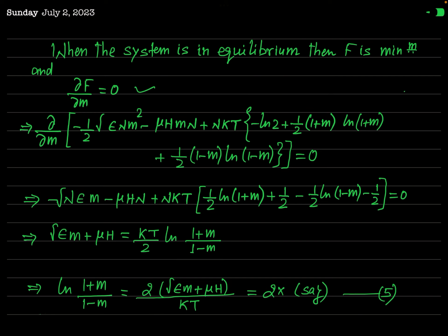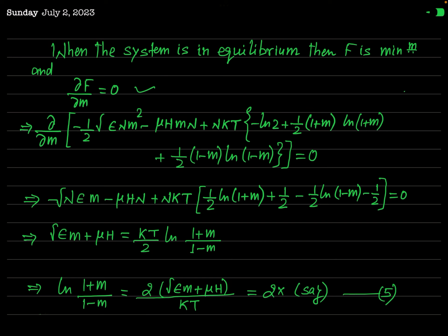I have not written dF by dm because we have not taken an ordinary derivative, since F is not only a function of m, but also a function of temperature, gamma and epsilon. But our aim is to minimize this Helmholtz free energy with respect to this long range parameter. So I have considered this condition for minima as del F by del m equal to 0.